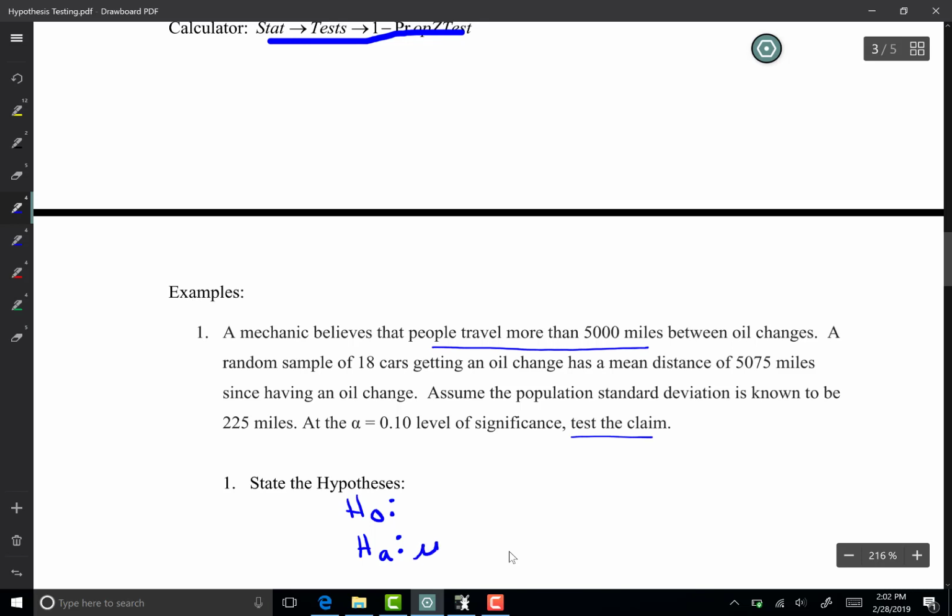So in my alternative here, I'm testing that mu is greater than 5,000 miles. Then I go back and put the null in. The null is the complement of that, less than or equal to 5,000 miles. Okay, so that's my null and alternative. Those are my hypotheses.